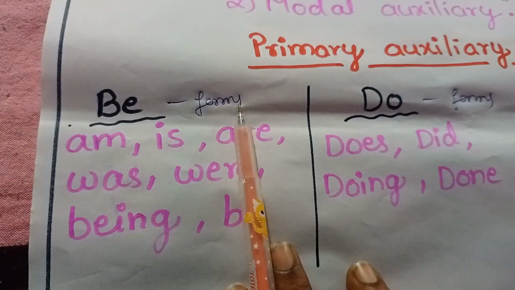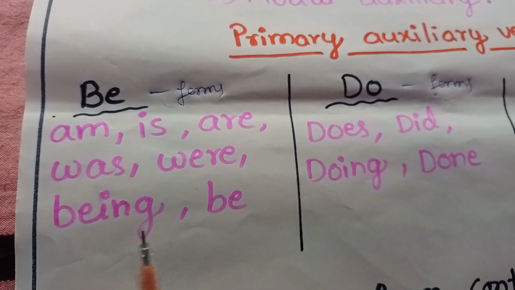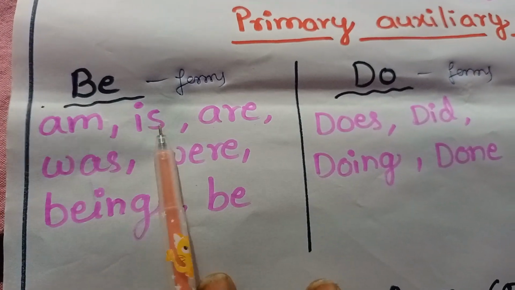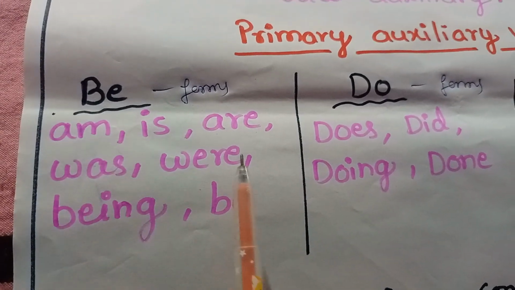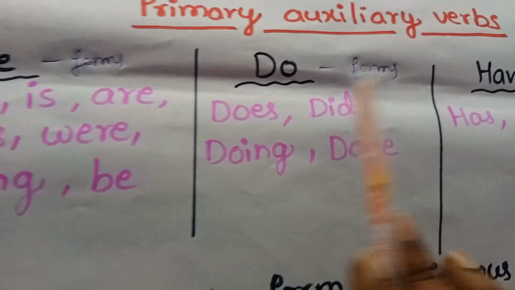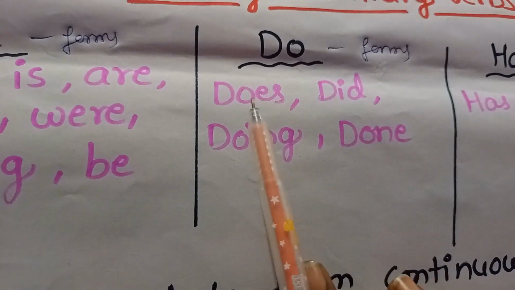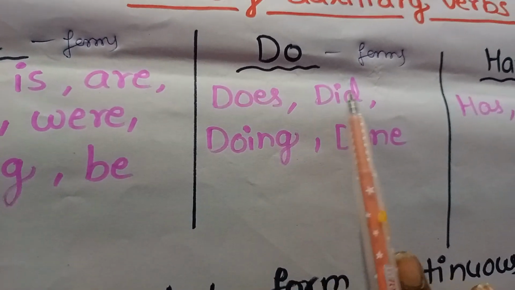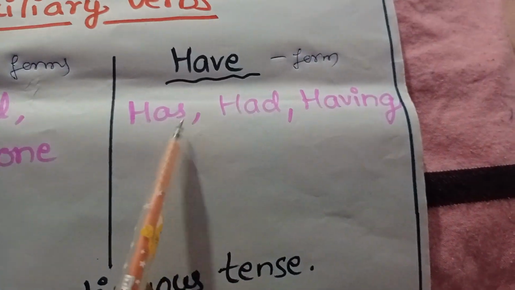Under be forms come these verbs: am, is, are, was, were, being, be. Under do forms come does, did, doing, done. Under have forms: has, had, having.